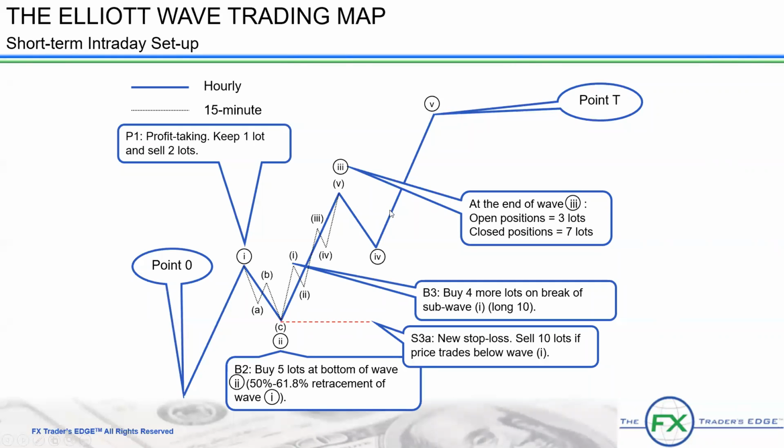I wouldn't want to go fully invested, but you could certainly buy 2 more lots, and then once the market starts to move up, you would move your stop to below wave 4, and then you would liquidate your entire position at the end of the move. So you would have either 3 or 5 lots left, and then you would liquidate.